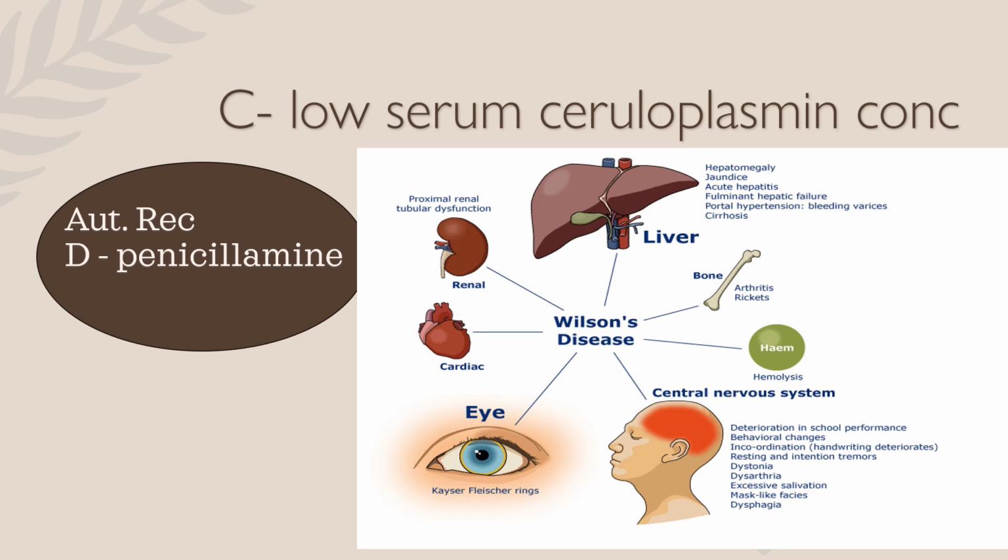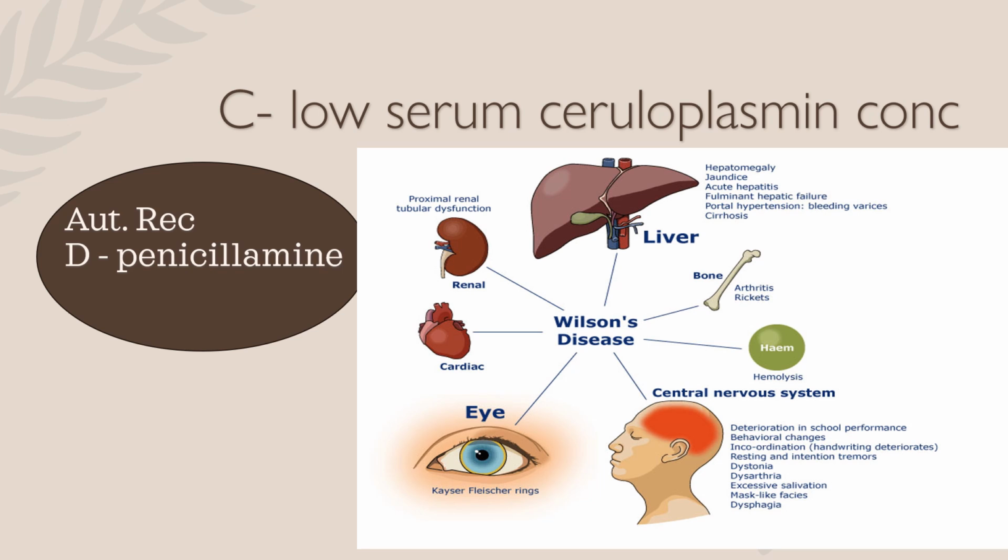Bone involvement with arthritis and rickets. There can be hemolysis. Central nervous system involvement where there is deterioration, behavioral changes, incoordination, their handwriting deteriorates, and there is resting as well as intention tremor based on where it is affecting. Dystonia, dysarthria, excessive salivation, mask-like facies and dysphagia.